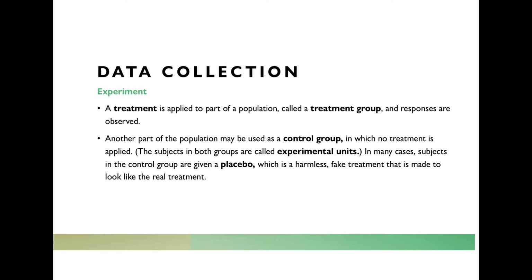Sometimes it's not possible to give a placebo to our control group, but other times it is. And so the placebo is there as a way to provide a contrast for us, so we can look at the results of our control group and our treatment group and see if we can measure any significant differences between them that we can attribute to the treatment.